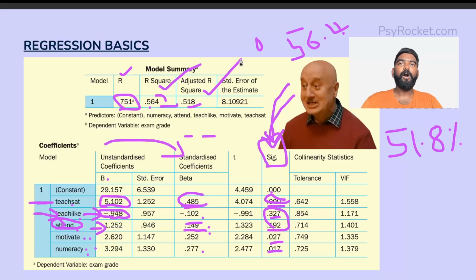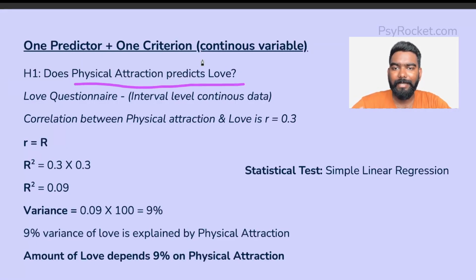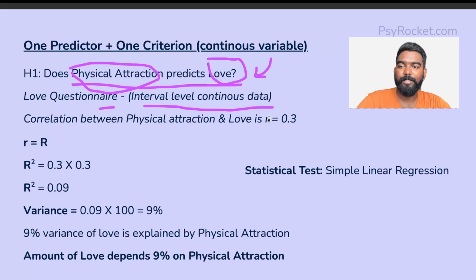Okay. Say you want to see whether physical attraction predicts love. Let love be our criterion variable, and we have only one predictor, physical attraction. This is a very bad example, but let us assume love is a continuous variable. You have a love questionnaire, and it gives you interval level continuous data. You can score it. Then what is the correlation between physical attraction and love? Let us say it is 0.3.